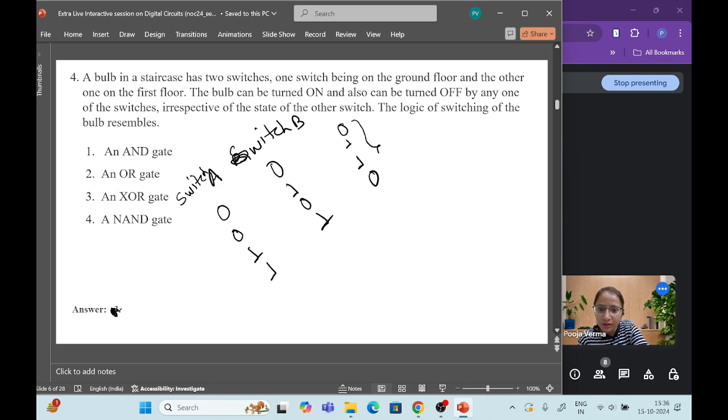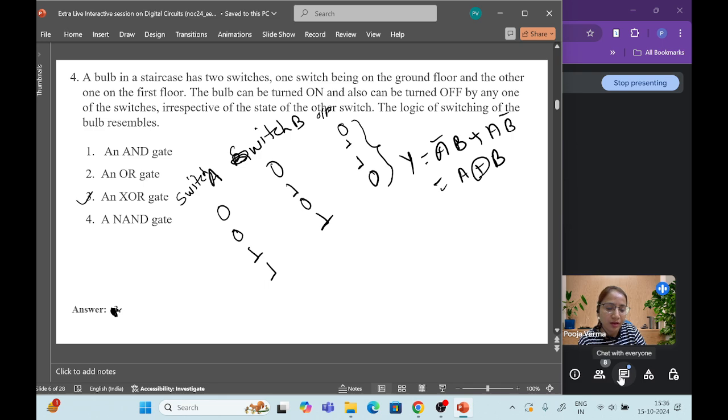So this truth table resembles an XOR gate, so the output is A dash B plus A B dash. In that case the switch will act as an XOR gate, not an OR gate. Okay, so option 3 is the correct answer.